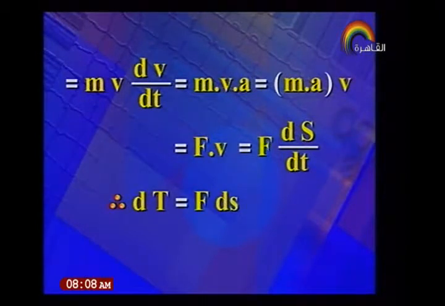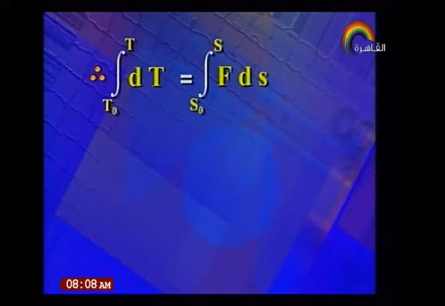Then by using cross multiplication, dT equals F ds. Then integration from t naught to t of dT equals the integration from s naught to s of F ds.